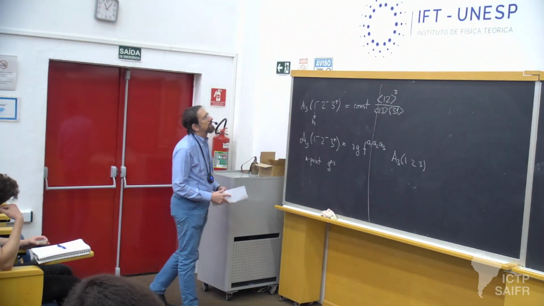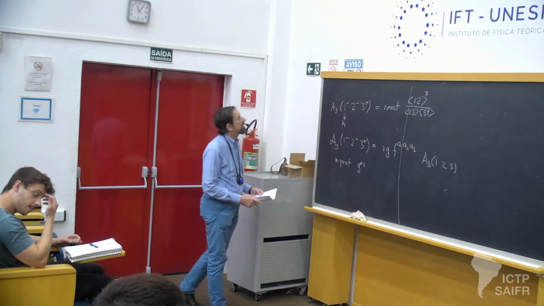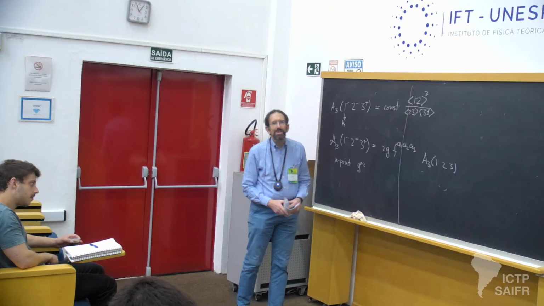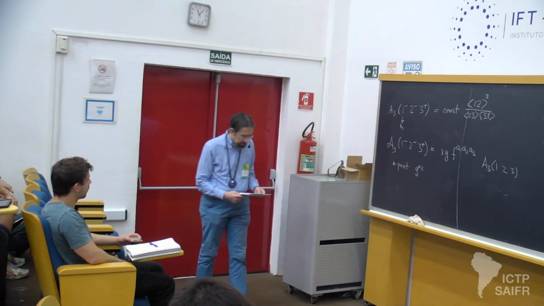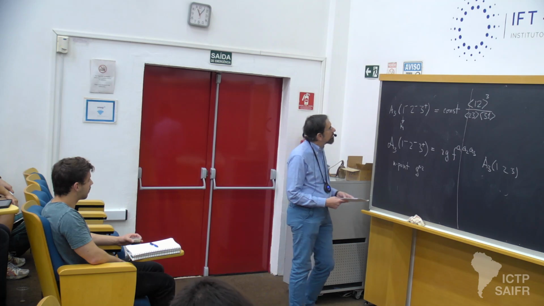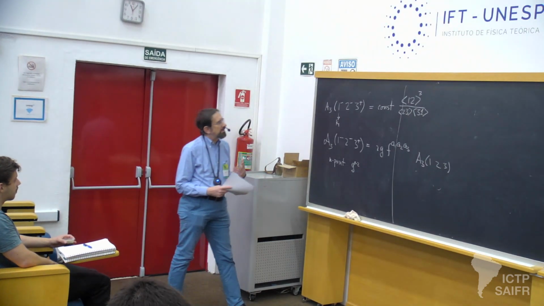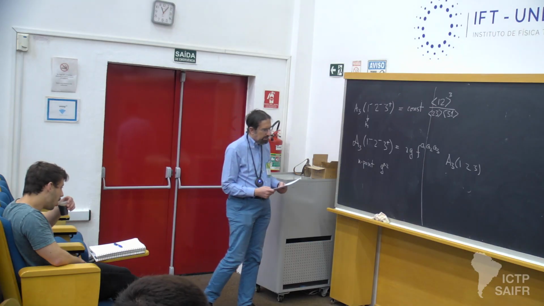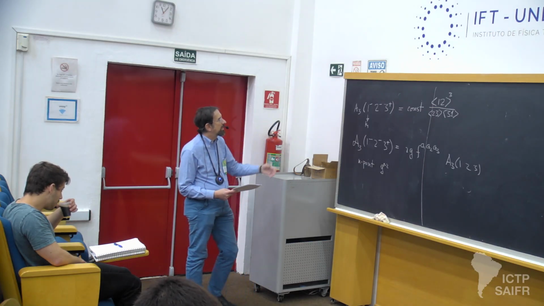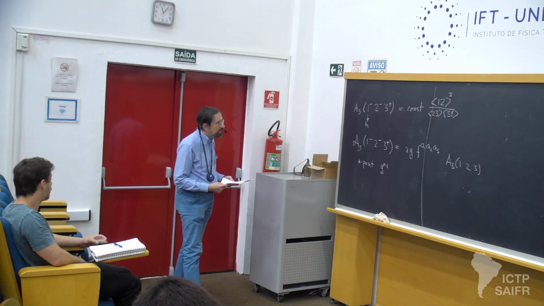Now, I promised that from this very modest object, we're going to be able to compute everything. And you can imagine that means we're going to have to sew these amplitudes together, which we'll see very shortly what that means.